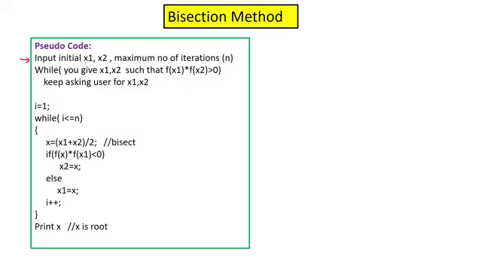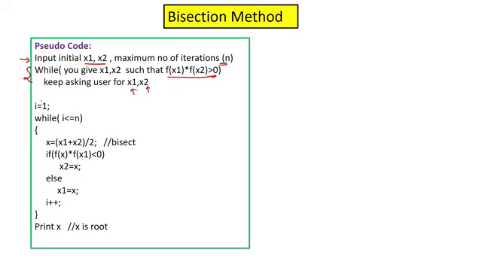As I told you, you have to enter x1 and x2 and the value of n, that is the maximum number of iterations. After that, in a loop, you ask the user to enter x1 and x2 until this condition is satisfied. That means if the multiplication of x1 and x2 values is greater than 0, you have to ask again, please enter correct x1 and x2.